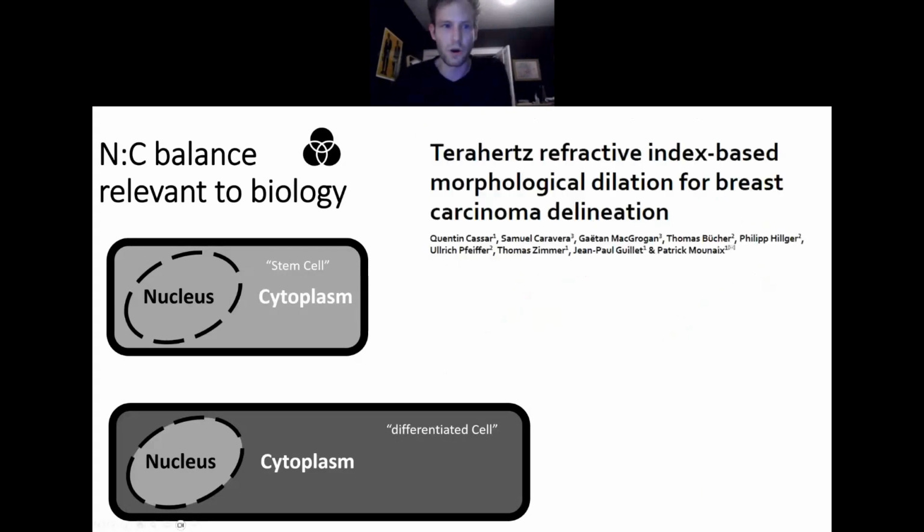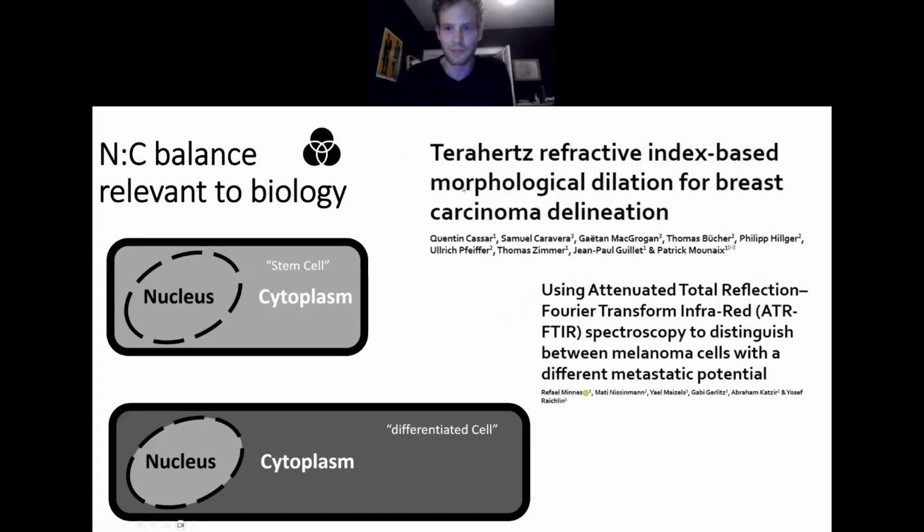And in fact, people are now trying to use water environments to diagnose cancer or tumors. So there's terahertz refractive index-based morphological dilation for breast carcinoma detection, which is using terahertz hydration to identify hydration environments associated with cancer. And then another using attenuated total reflection Fourier transform infrared spectroscopy to distinguish between melanoma cells with a different metastatic potential.